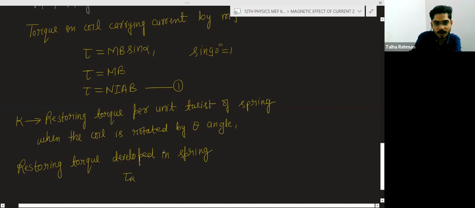Restoring torque, tau r, is given by k into theta. What is k? K is the restoring torque per unit twist. Means for unit twist, torque is k. For theta twist, torque is k into theta.